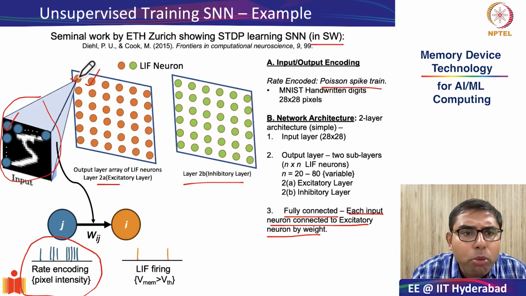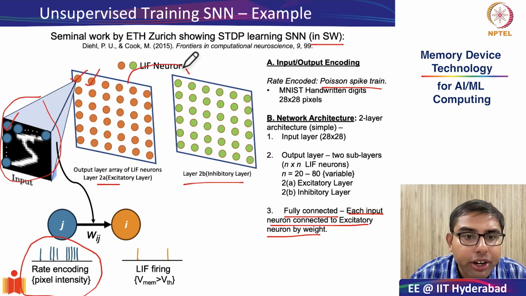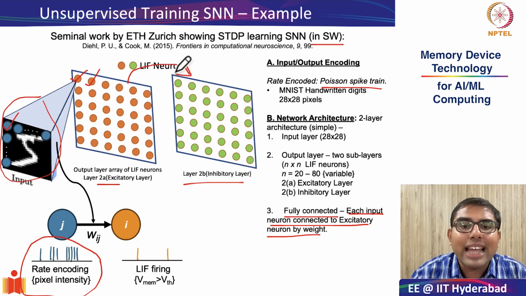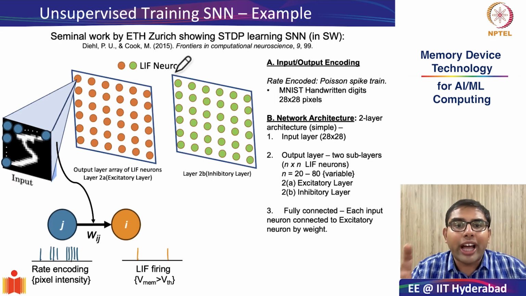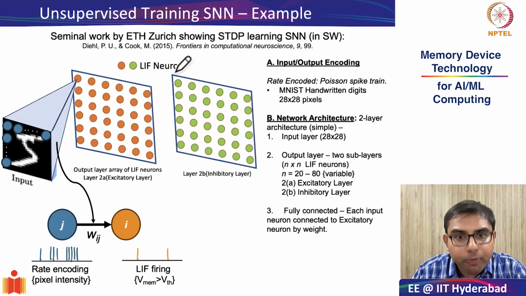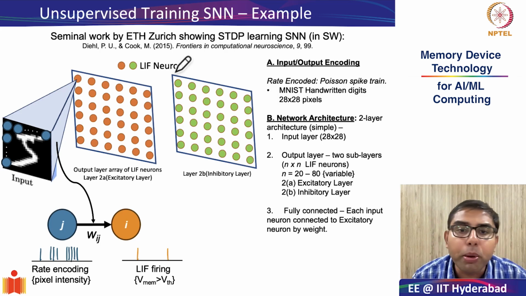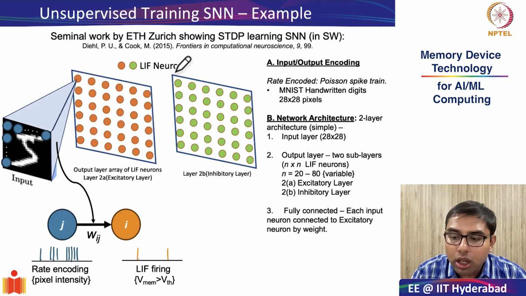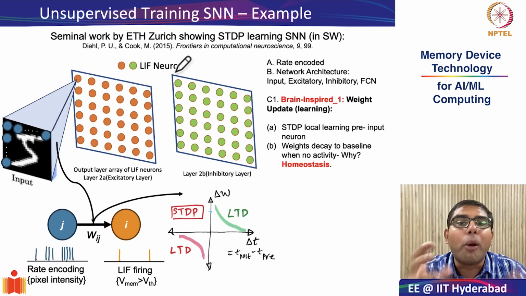There is a little bit more complication in how the output layer, or the excitatory layer, is connected to the inhibitory layer, and that is what we will discuss in upcoming slides. So I hope you understand the input and output encoding, which is rate encoding with Poissonian distribution, and the simple network architecture. Next, we will look at how the network is operating, or how learning is happening.